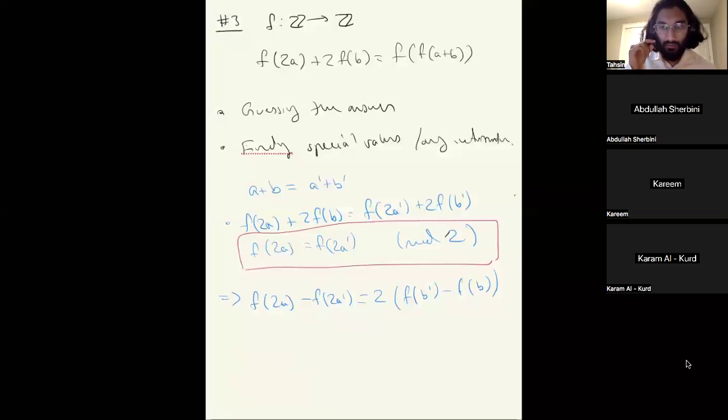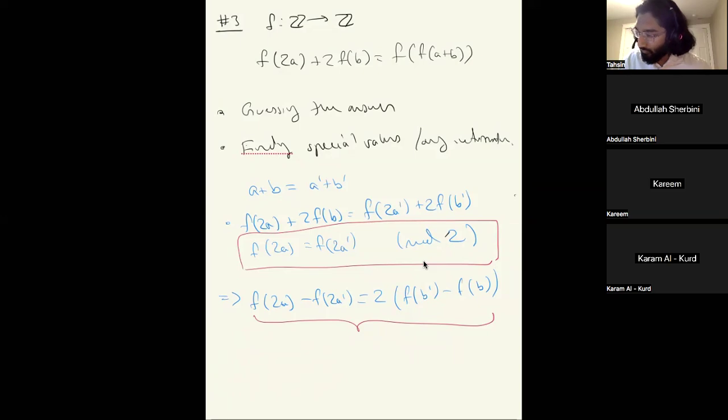Very good. So maybe I'll make a point here, which is that this form tells you a lot of information. So why is that?